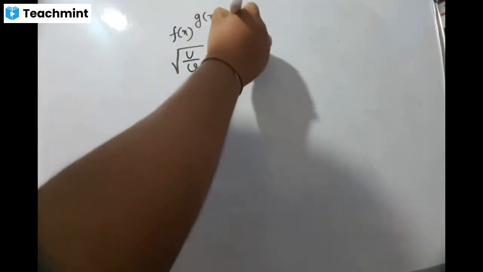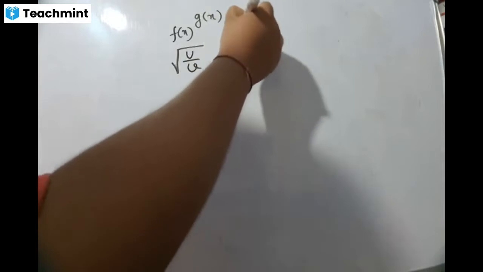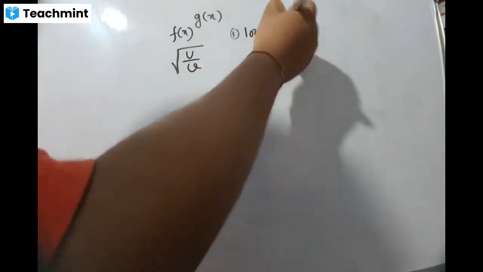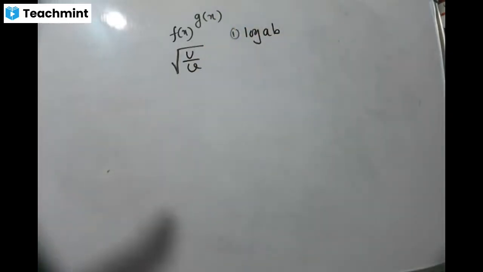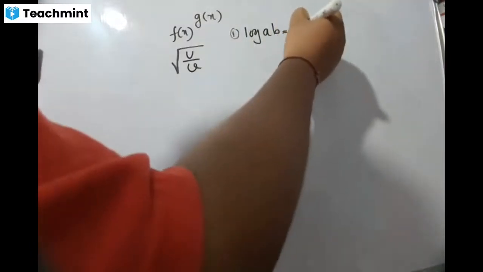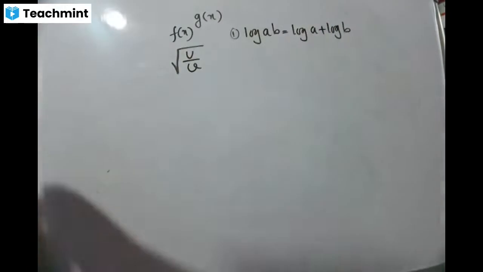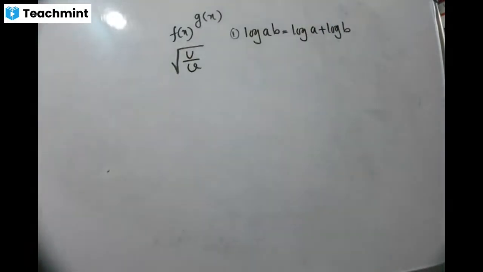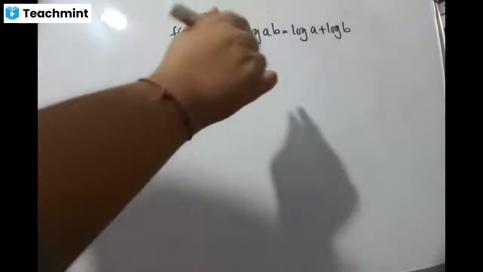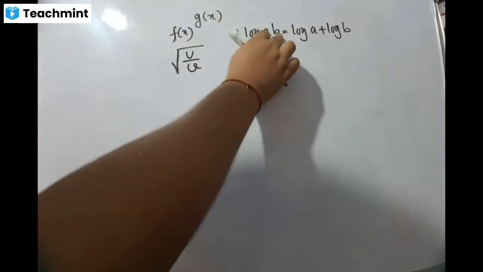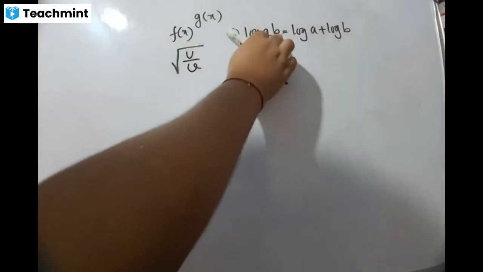Property number one says log AB is equal to log A plus log B. Now you can easily see the sign between A and B is multiplication, so to differentiate we would have to use the product rule.